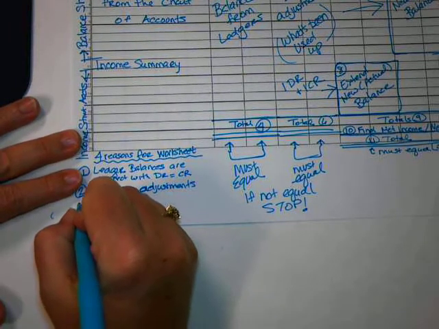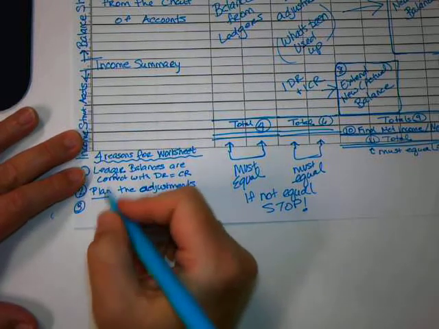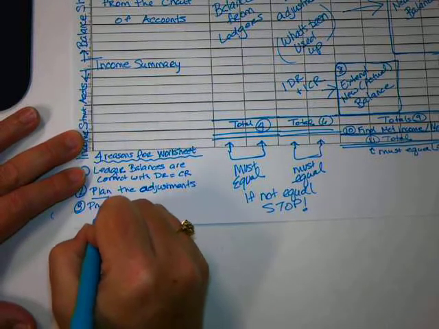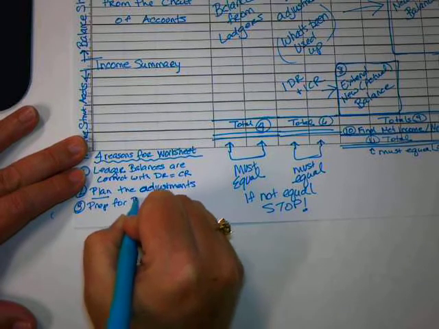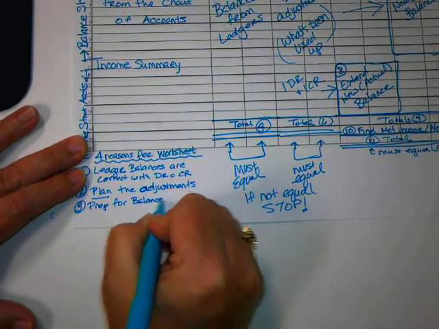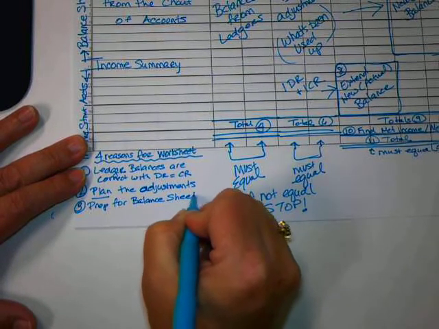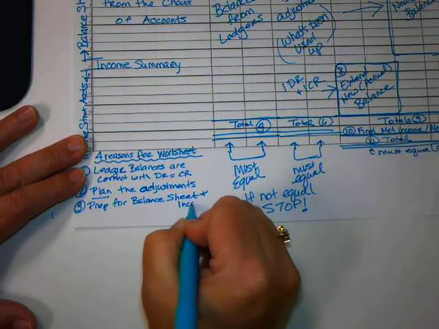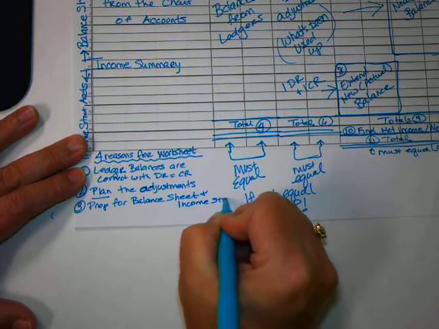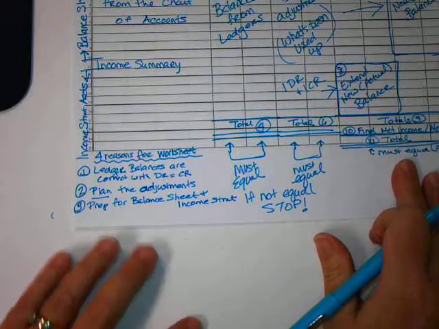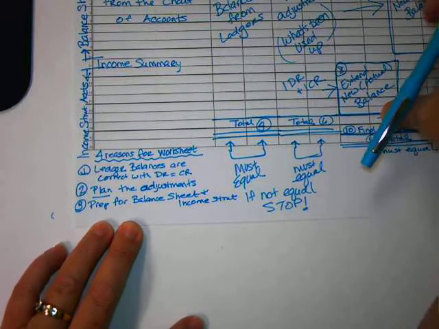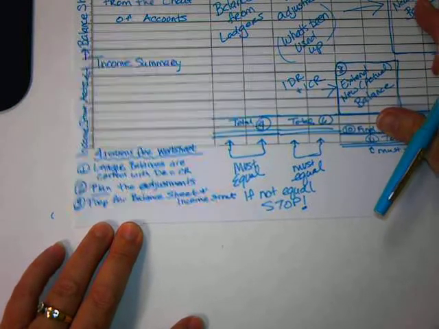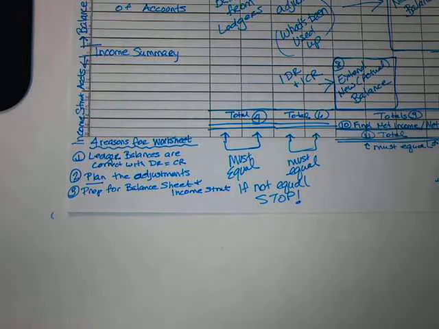And 3 is to prep for balance sheet and income statement. Okay, because we extend those balances over there, we know what those numbers should be. And so when we get to that point, we're going to be able to just transfer the numbers again.